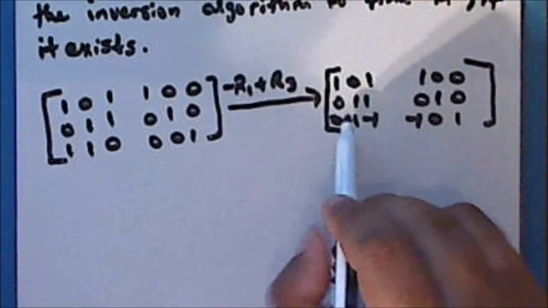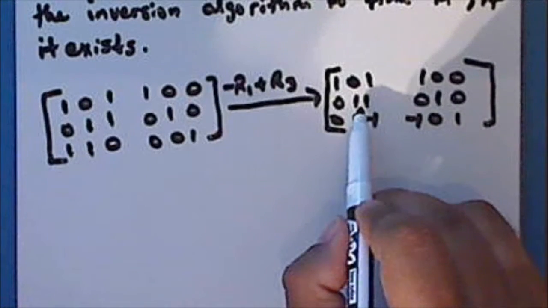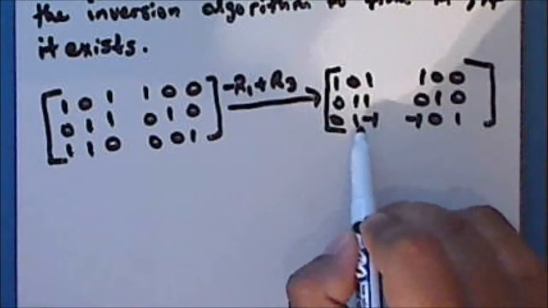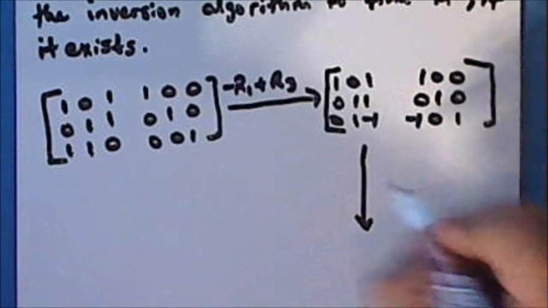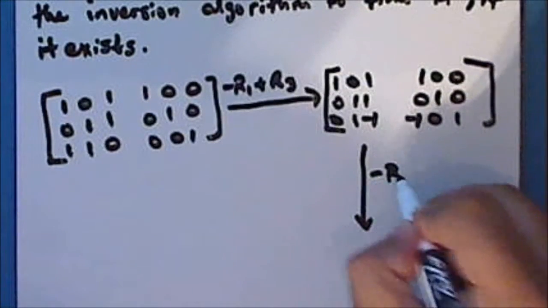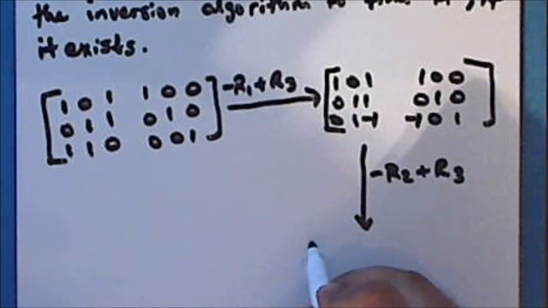So now in row 2 we have a leading 1, and so we need to eliminate the 1 in row 3 that is in the same column. So now we will add negative 1 times row 2 to row 3.